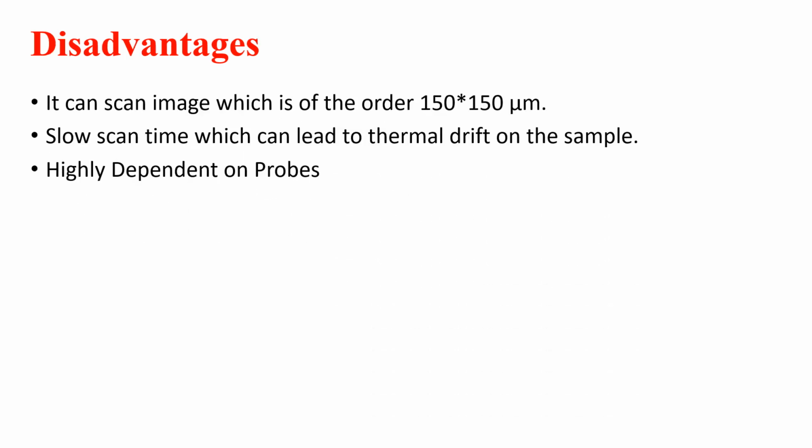Let's see the disadvantages. The scanning speed of an atomic force microscope is very low, and it is highly dependent on the probe, and it can scan images of the order of 150 by 150 micrometers. So these are a few disadvantages of AFM.